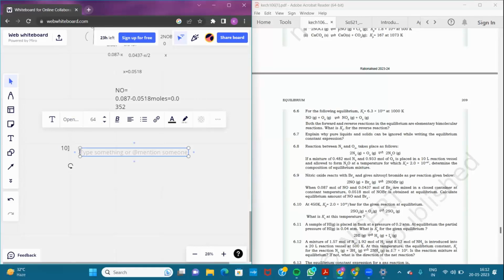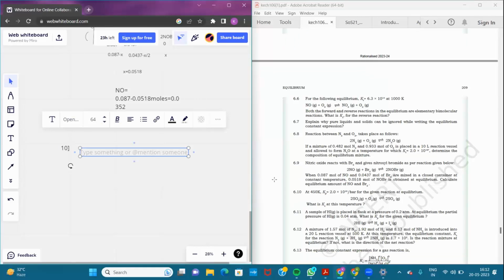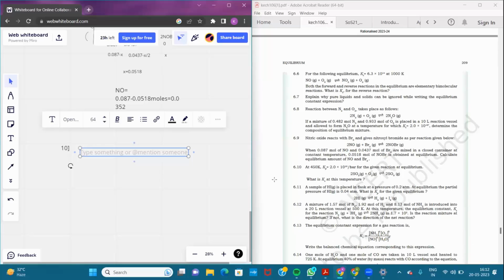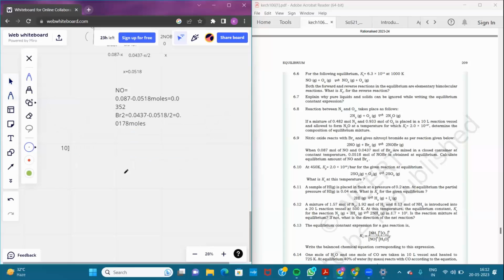At a temperature of 450 Kelvin, Kp is given as 2 into 10 power 10. For the equilibrium for the oxidation of sulfur dioxide, what is the Kc at this temperature? As we know, the relation between Kp and Kc, Kp equals Kc into RT power delta Ng.